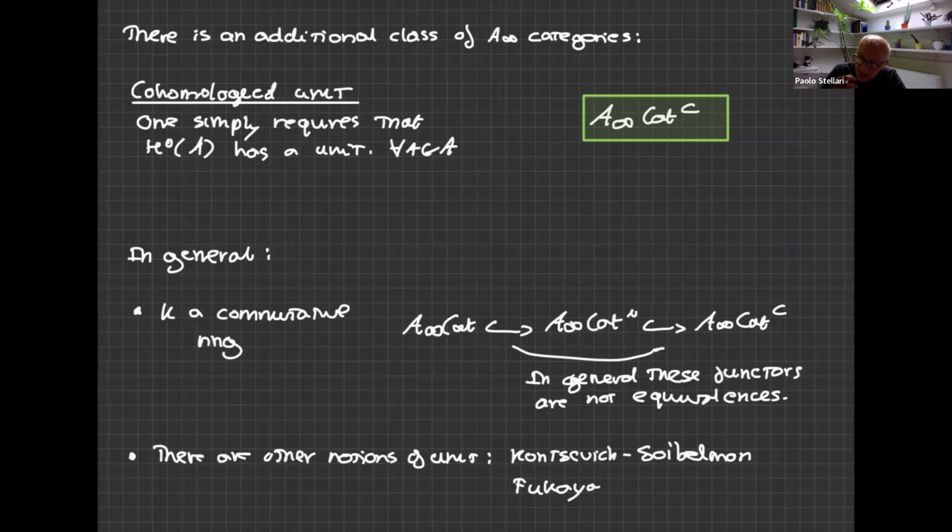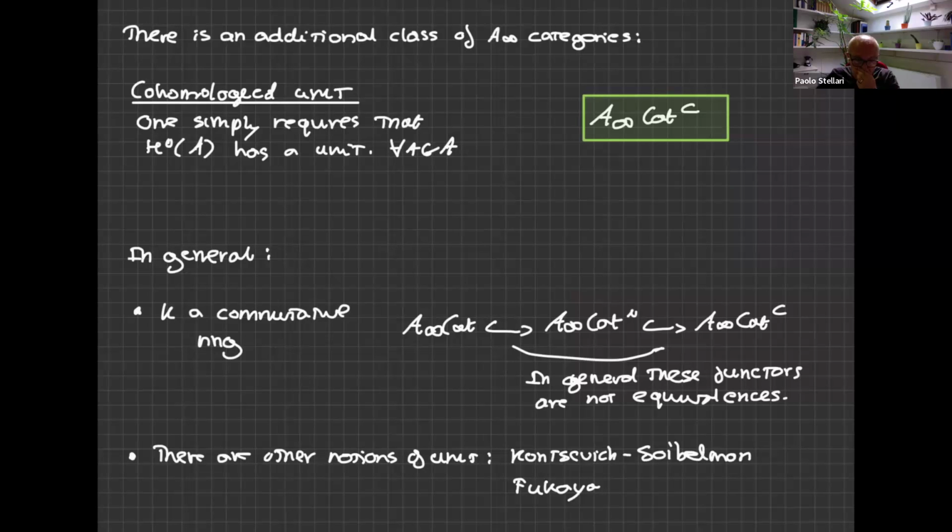But there are very nice results by Lyubashenko, and they show that if you just look at the category and forget about the functors, these notions all coincide with the notion of unital infinity categories mentioned over here. So in a sense we can ignore them, because the unit in their sense coincides essentially with the one defined before. Okay. Questions so far?